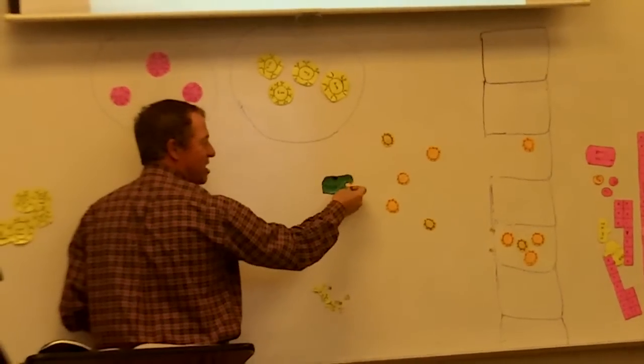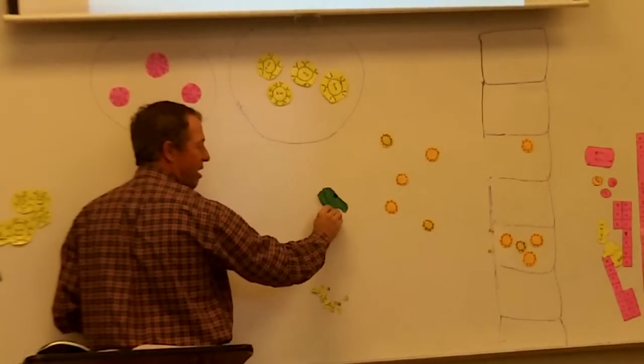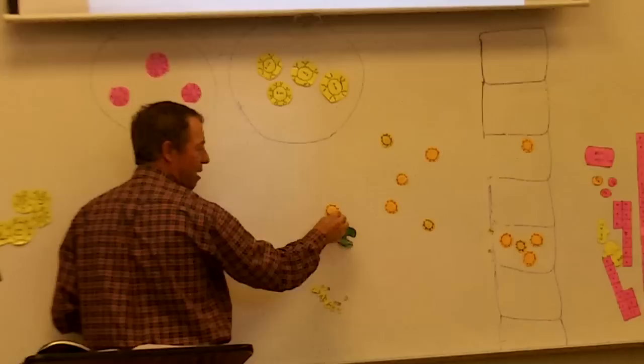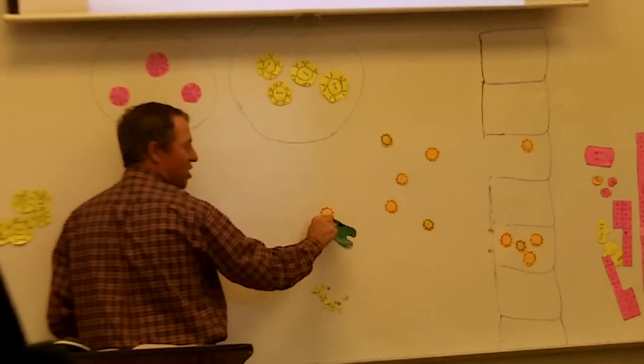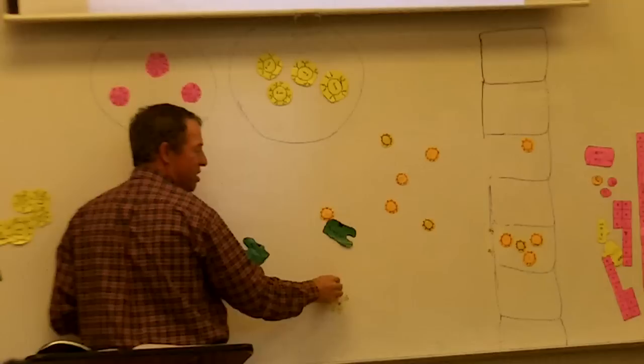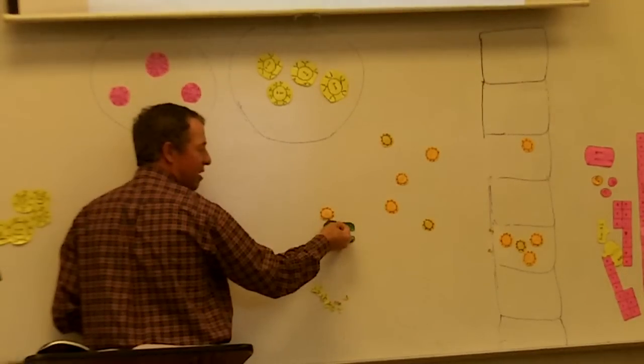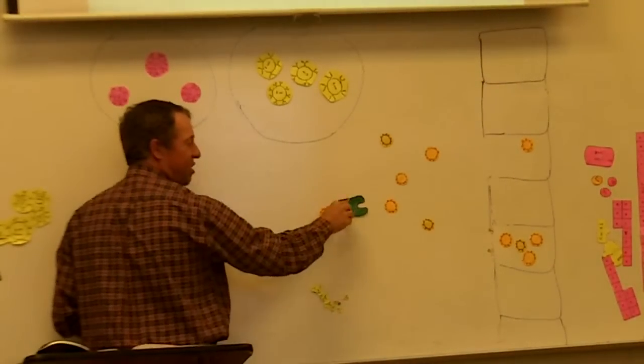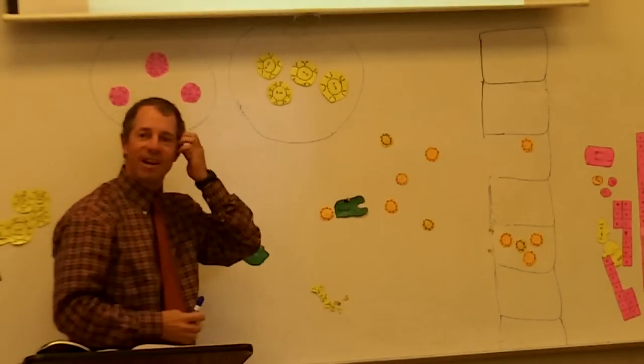And when the macrophage eats up one of these viruses, it'll destroy it and take one of the antigens that's on the surface of the virus and display it on its own surface, like a trophy, showing what it caught and killed.